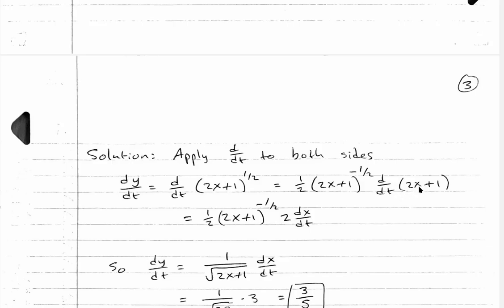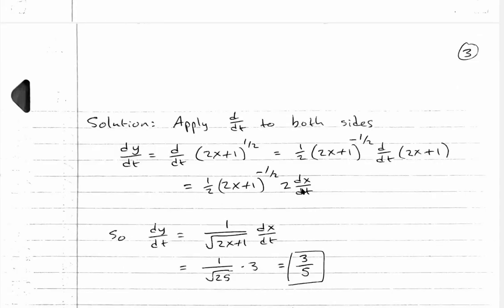Okay, so x is a function of t. Well, this part, d/dt of 1 is 0, that goes away. You can bring out the 2, so we're just getting dx/dt times 2 for the derivative of the inside. All right, so this is what we're dealing with.